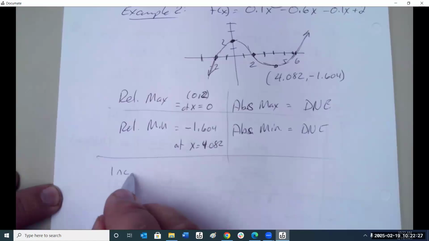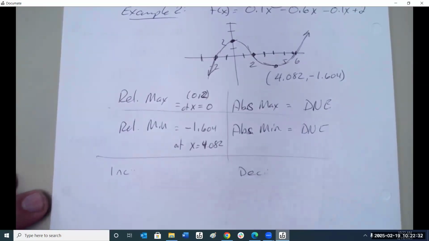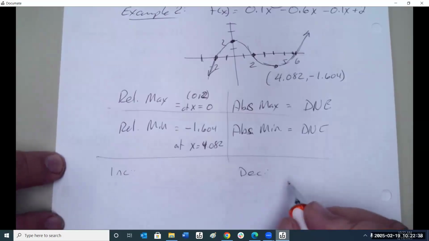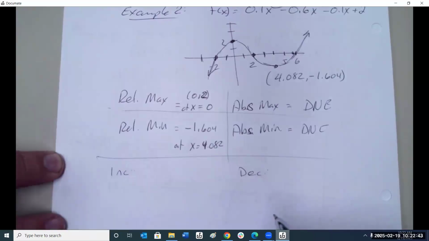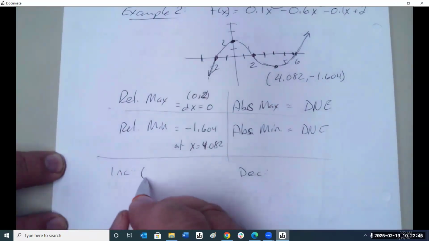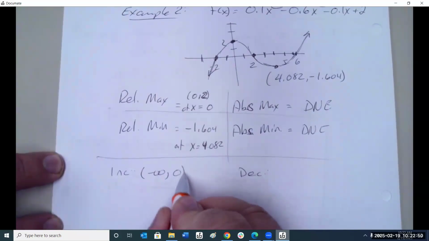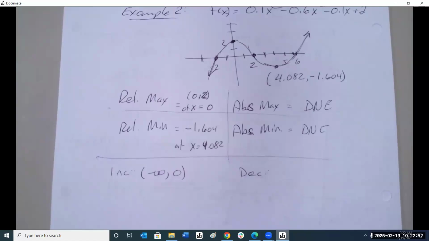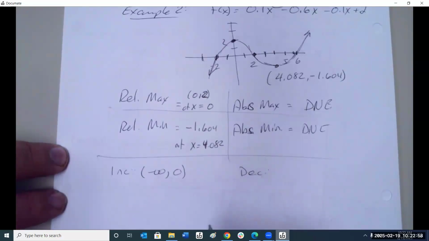Where is it increasing? Where is it decreasing? It's increasing from negative infinity to 0. You only tell me the x values. And where else is it increasing?